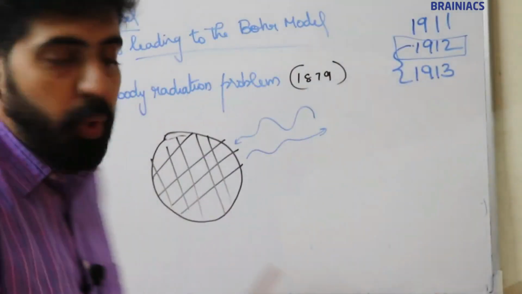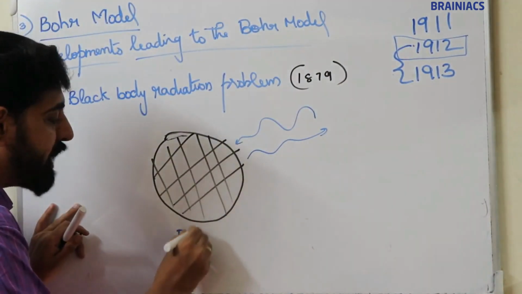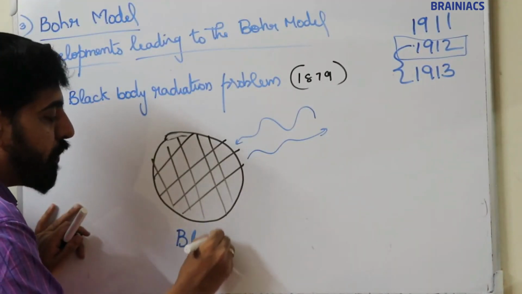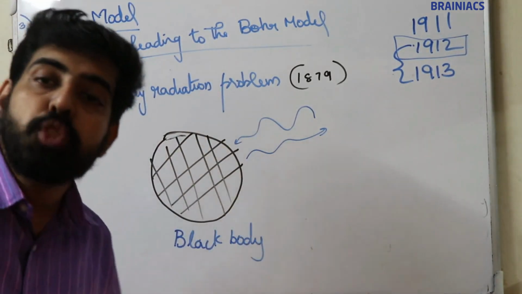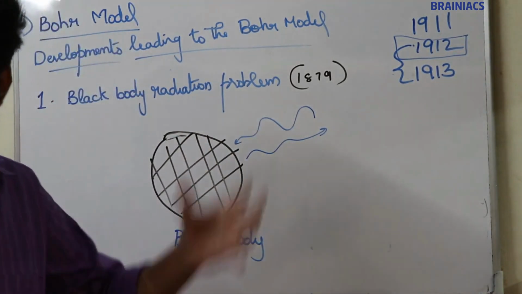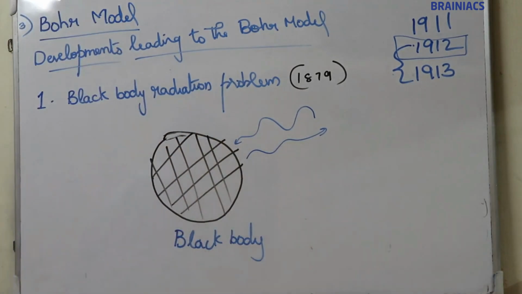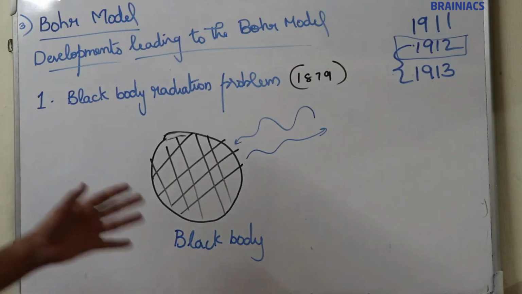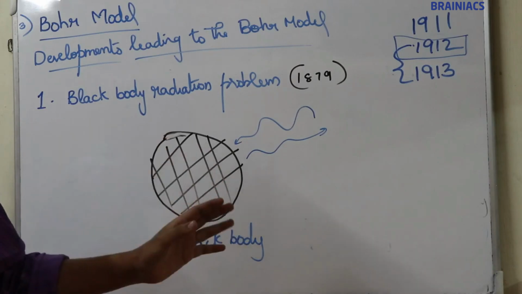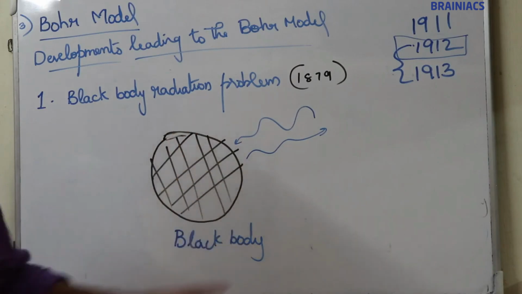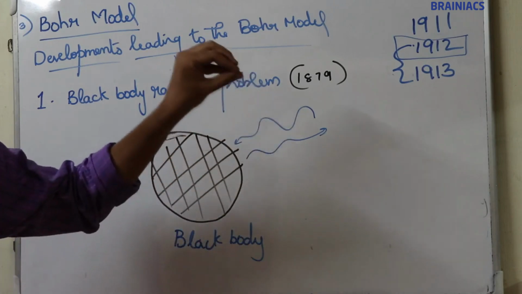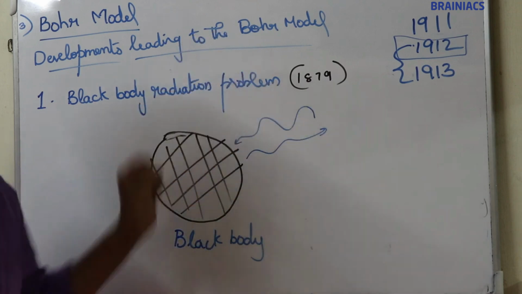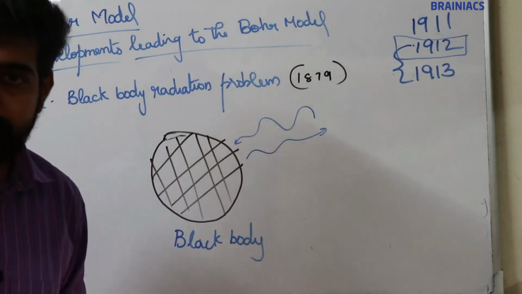A perfect black body is a perfect absorber and emitter of radiation. So when light radiation falls on a black body, it will absorb or emit radiation.